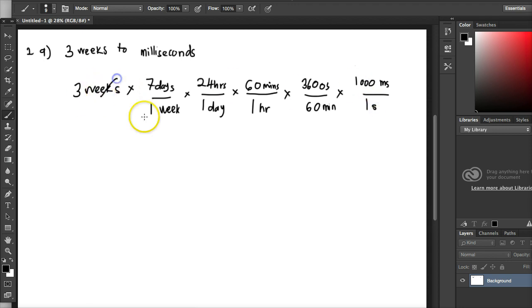So from here we cancel out the week, the days, the hour, the minute, and finally the second. So in the end we get millisecond only. The result is 1.8144 times 10 to the power of 9 millisecond for a 3 week period. So that's for question 2A, and move to the next question.